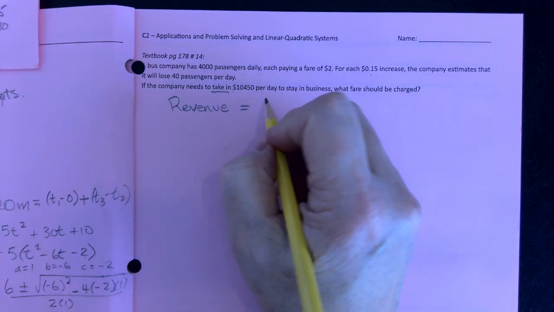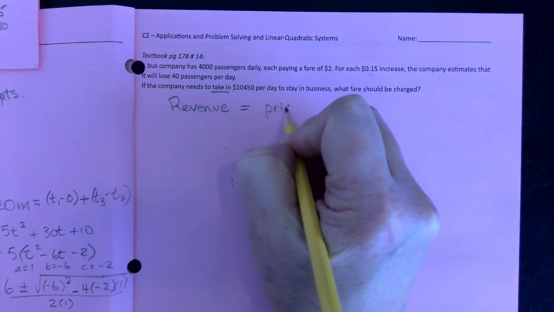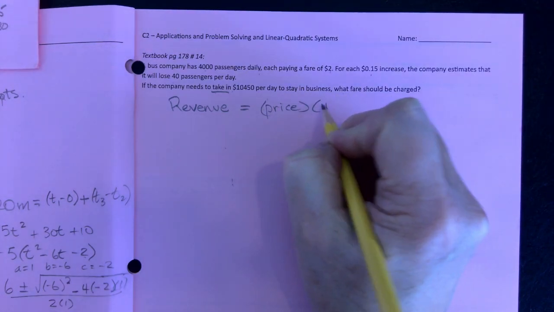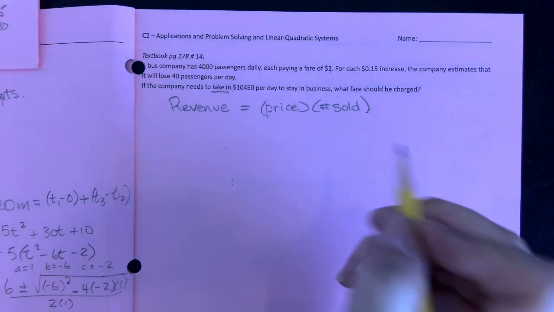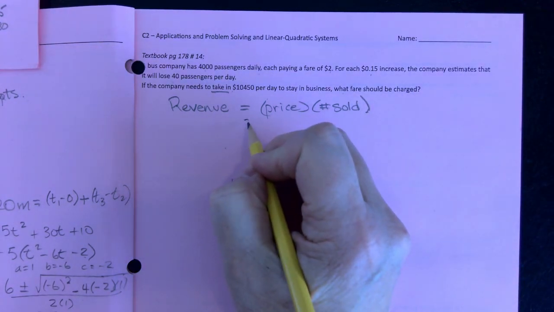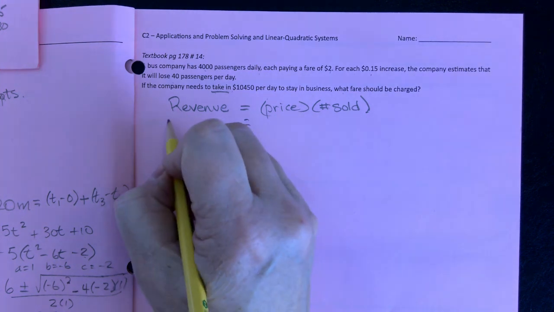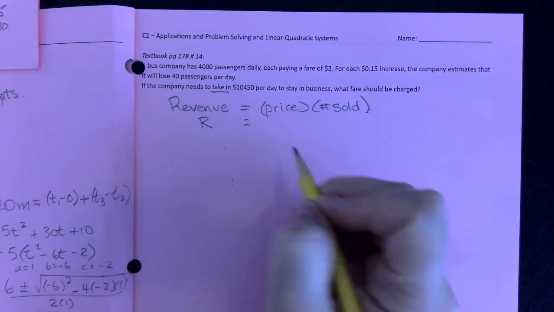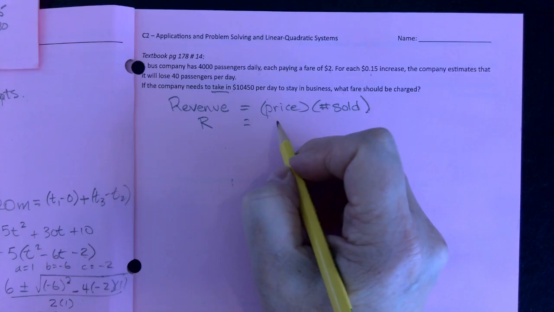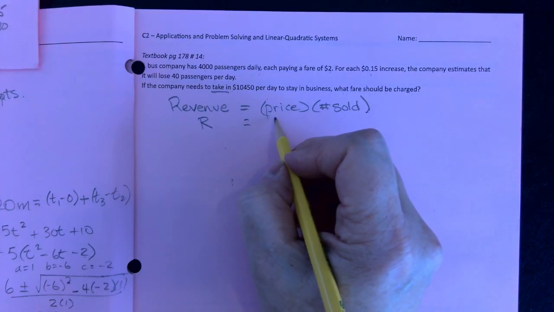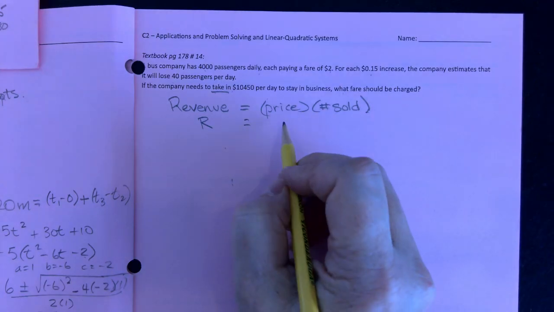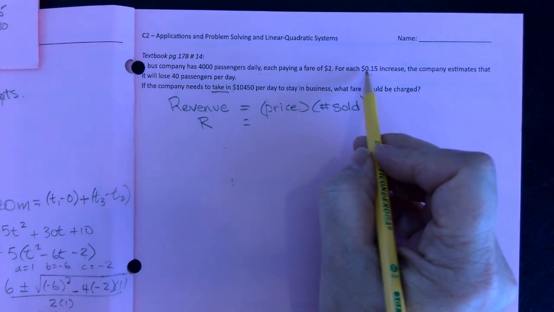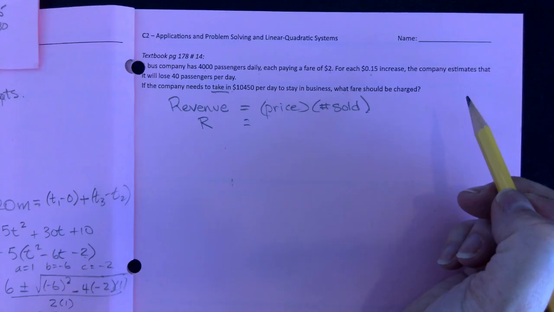So you're taking in price times number sold, or price times quantity, or whatever you'd like to say. So in our case, the revenue function will be our price times our number sold, but not until we consider this adjustment.